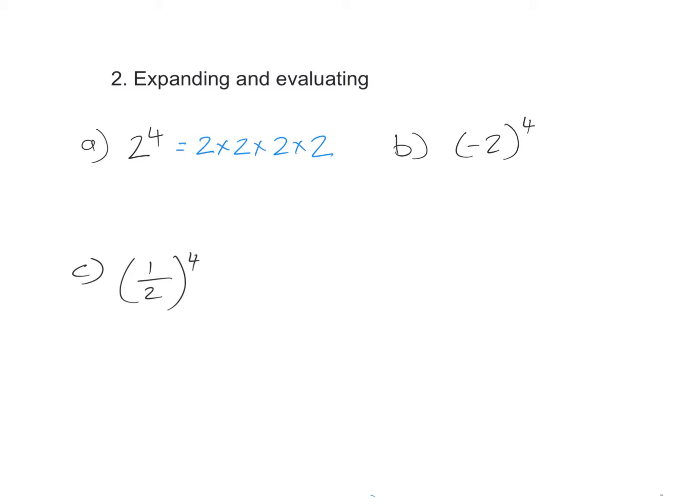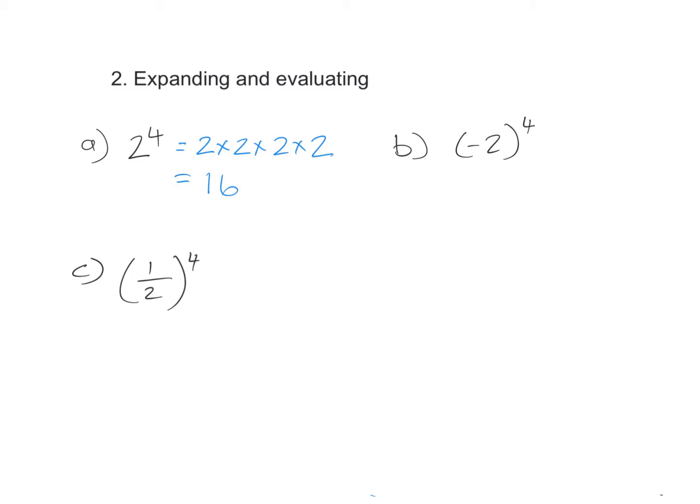Well, 2 is my base number, which is that one. And the exponent of 4 means I've got to multiply my base number by 4 times. So 2 by 2 by 2 by another 2. So I've got 4 over there. So over here, I go 2 times 2 is 4, times 2 is 8, times 2 is 16, and therefore my answer would be 16.